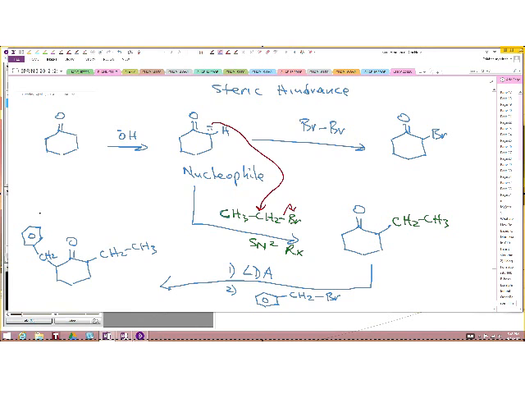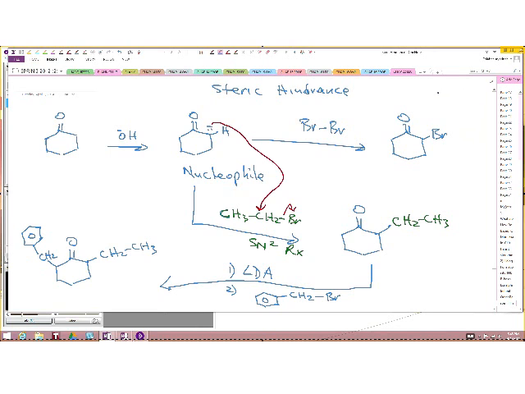And then you do your alkylation, you simply alkylate this other alpha carbon. So the enolate chemistry could allow us to make very complex molecules, which we are going to do today.